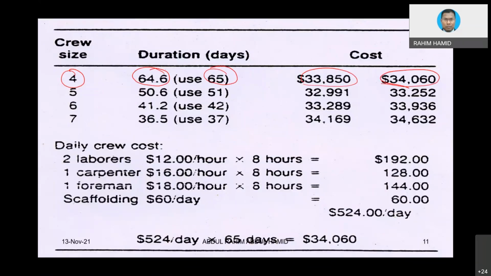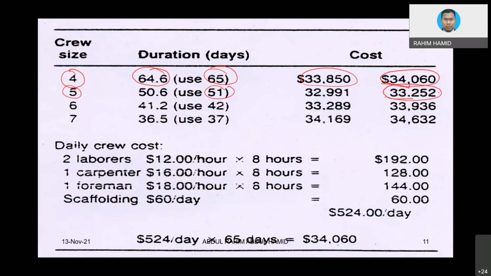We even out last now. And then if we use crew number 4 and number 5, we are going to complete in 51 days, and then the cost would be reducing. You see, now you can see the cost is reducing. That's why I mentioned to you, there is a possibility.